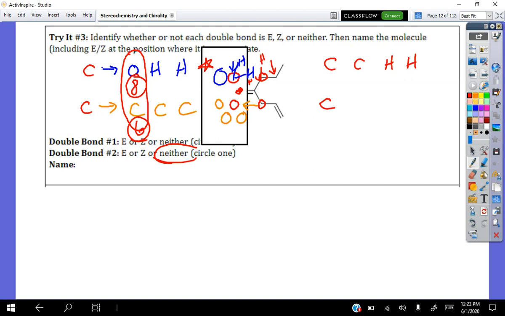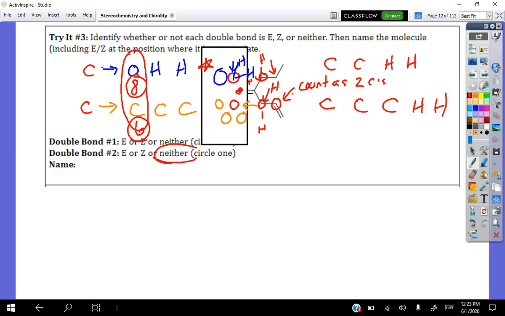If I look at the next one, I see that I have a carbon, but this carbon has a double bond, which is interesting. When you have a double bond, you need to count that double bond twice. So what we're actually going to do is say carbon, carbon. So you're counting this as two. Count as two C's. And then we'll go back and we know that we're attached to two H's here.